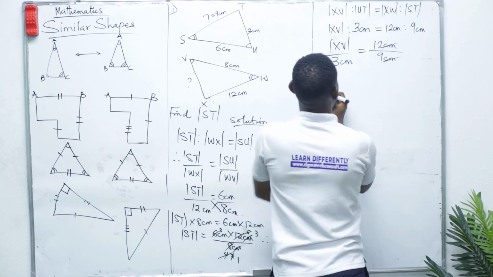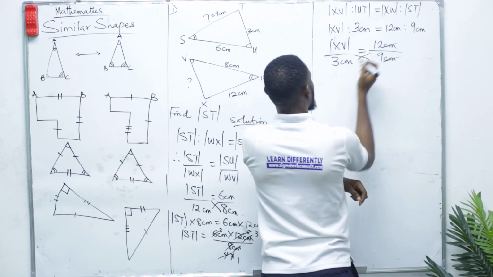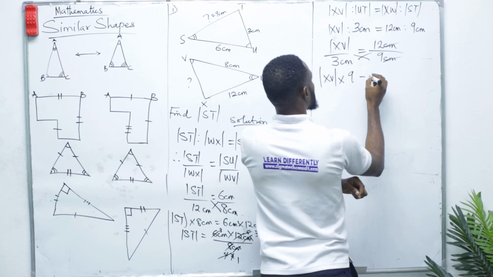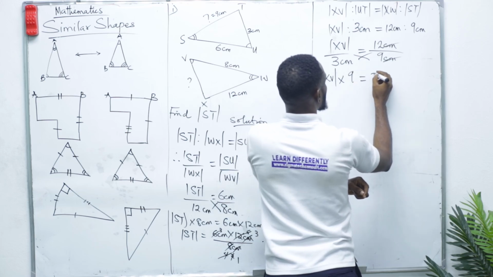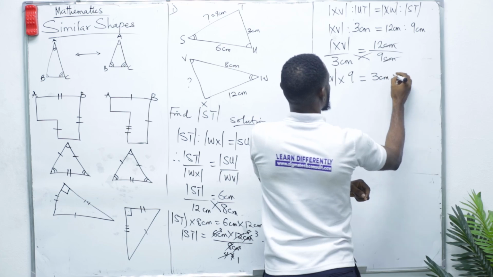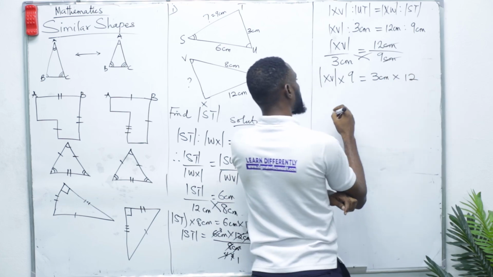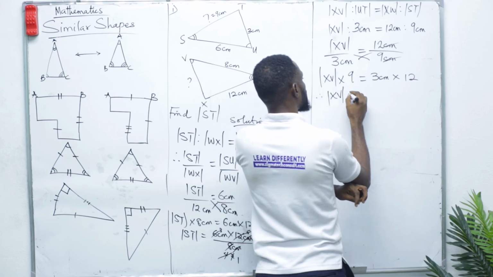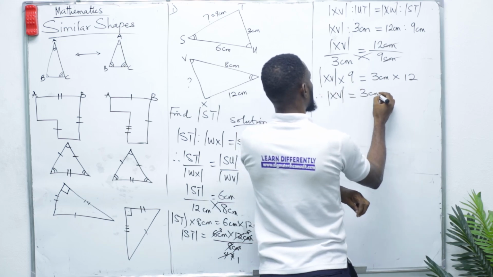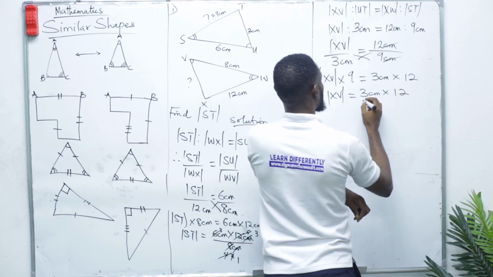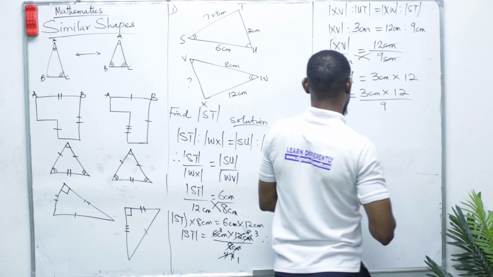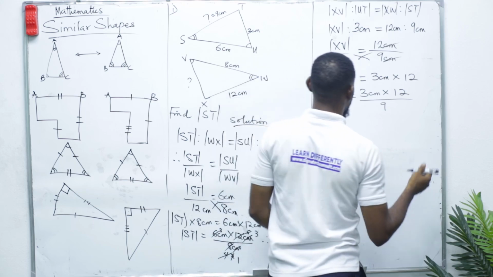So we cross multiply, we have XV times 9 is equal to 3 cm times 12. So this will now mean XV is equal to 3 cm times 12 all over 9.